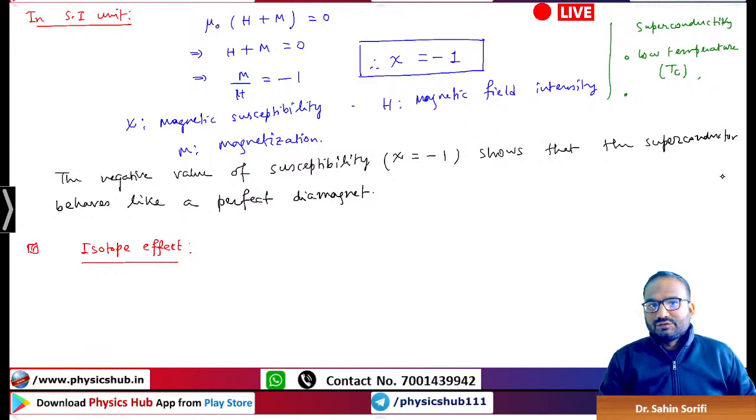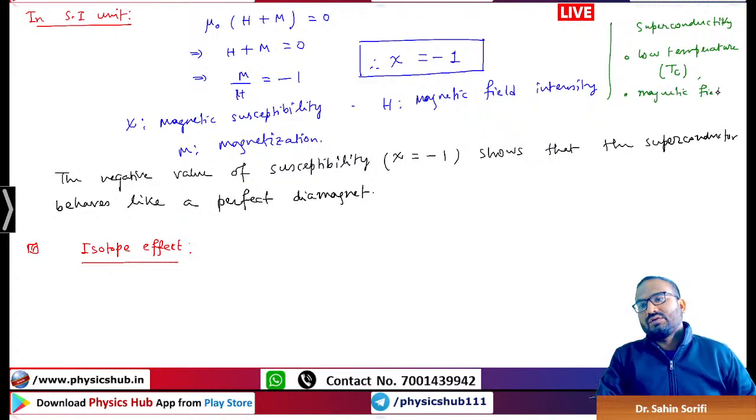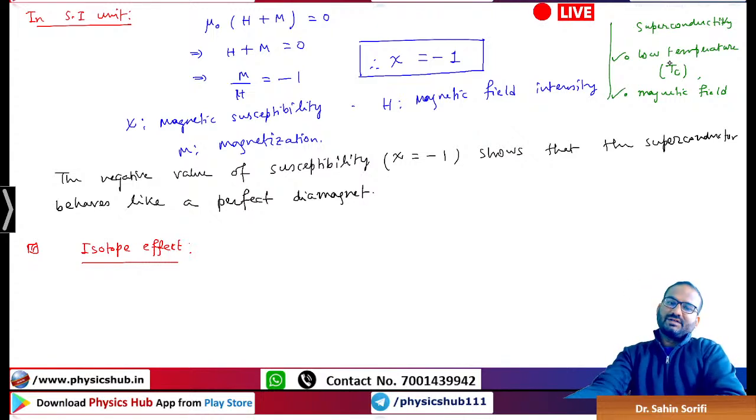So scientists are attempting to make a superconductor at room temperature. That will be a significant discovery. So you need low temperature to create superconductivity. Another thing to keep in mind is the magnetic field. The applied magnetic field should not be very strong. So depending on these two conditions, superconductivity criteria will be decided.